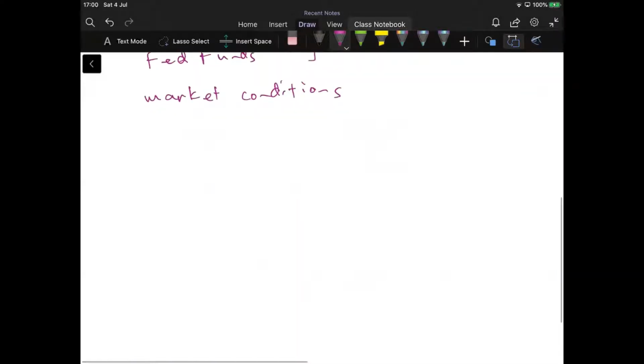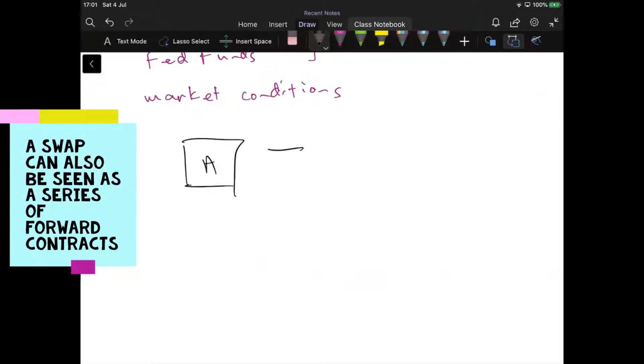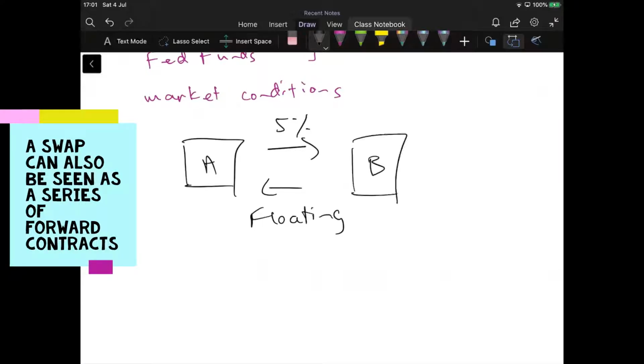So setting out the very basic swap, then you have A, and they agree, let's say, to pay a fixed rate of interest, and in return you get a floating rate, which we said could be LIBOR, and the two come together.